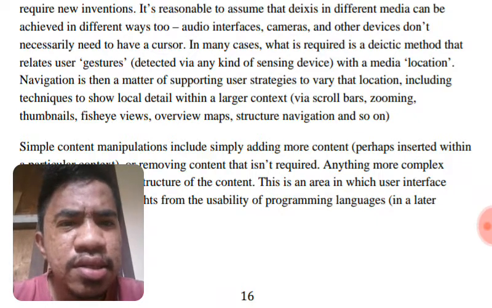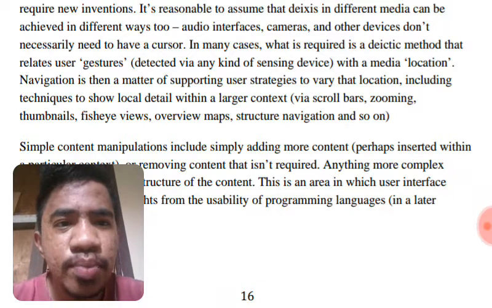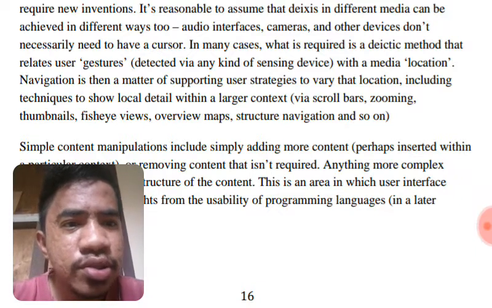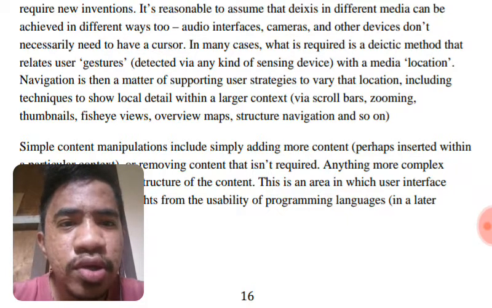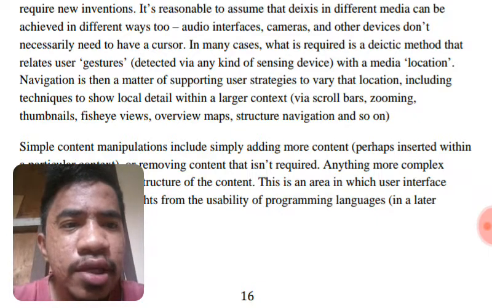Navigation is then a matter of supporting user strategies to vary that location, including techniques to show local detail within a larger context via scroll bars, zooming, thumbnails, fisheye views, overview maps, structure navigation, and so on.